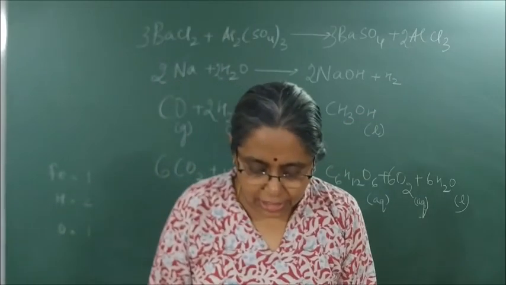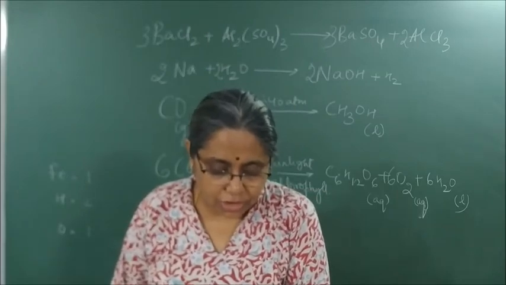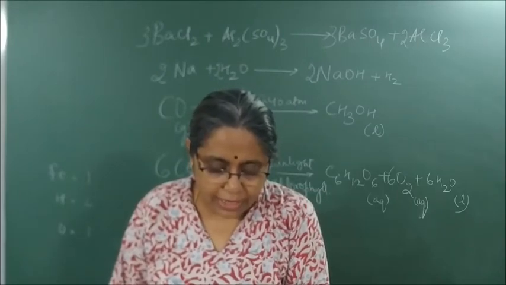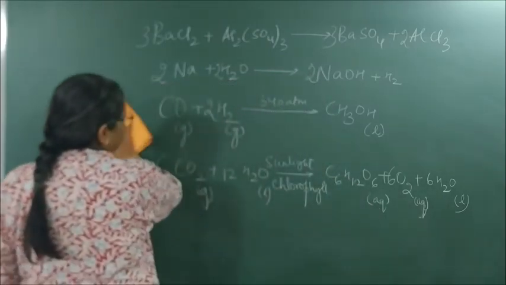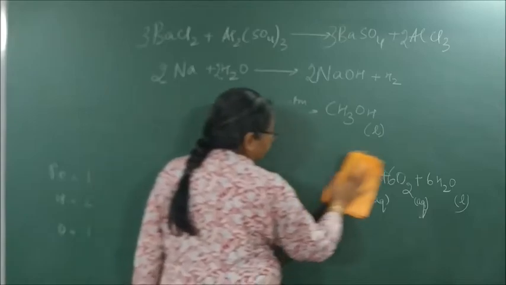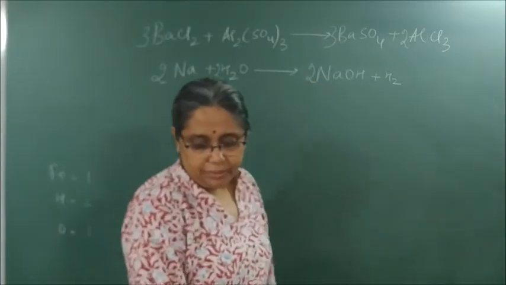Now the next one. Write a balanced chemical equation which states symbols for the following reaction: a solution of barium chloride and sodium sulfate in water. This reaction we have studied multiple times, even in double displacement reactions.